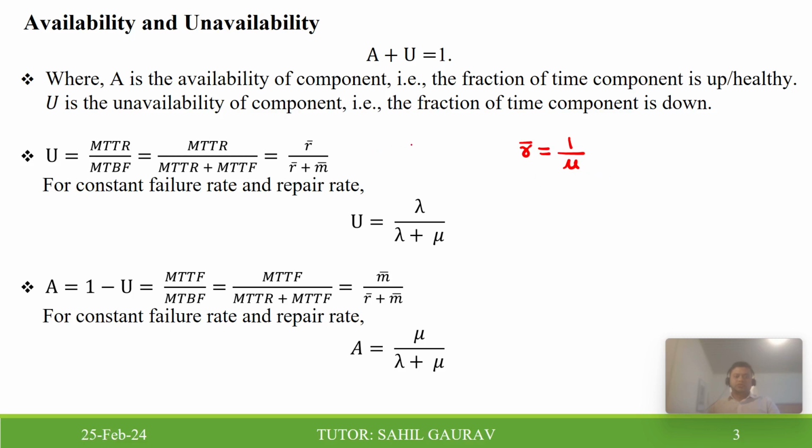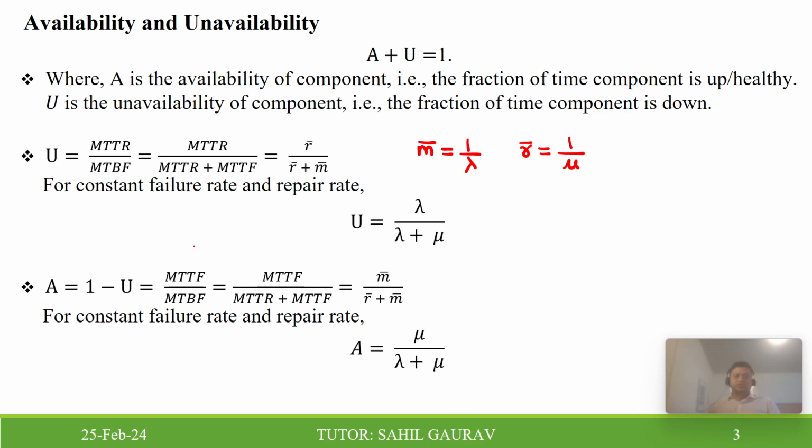And M bar, the mean time to failure, is the reciprocal of lambda, where lambda is the mean failure rate. So if you are given the values of lambda and mu, you can get the unavailability by using this expression: U is equal to lambda divided by lambda plus mu.